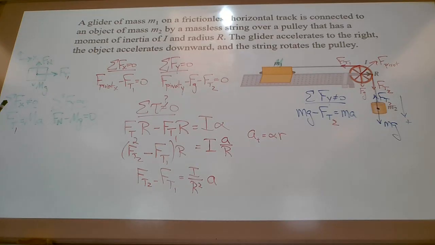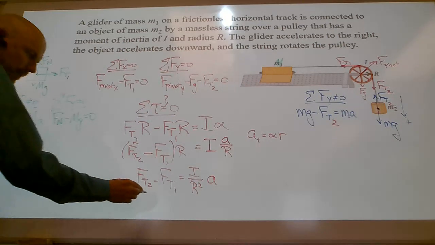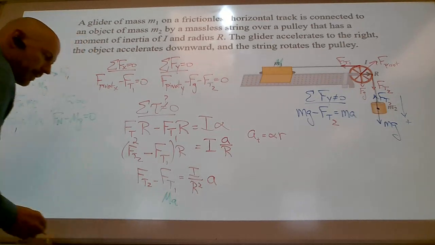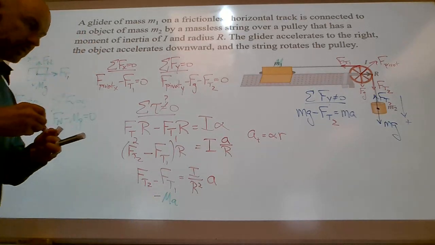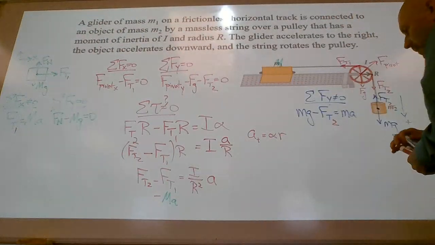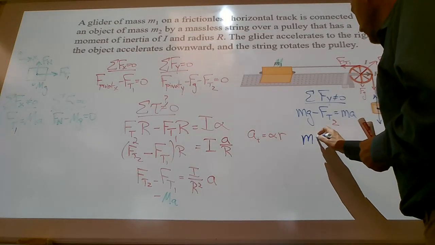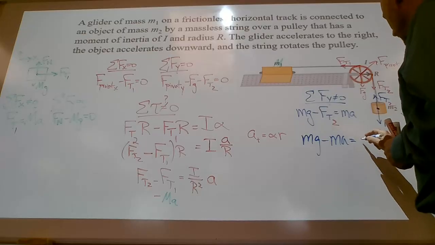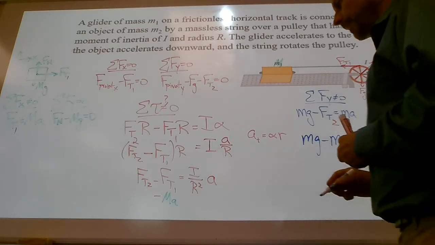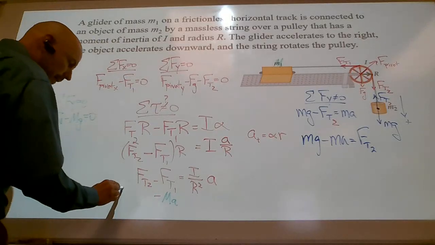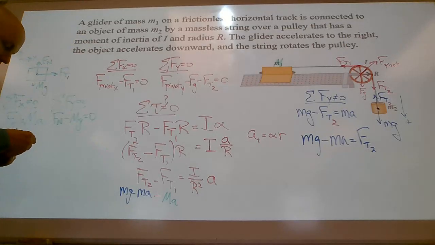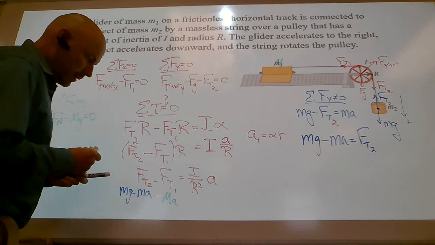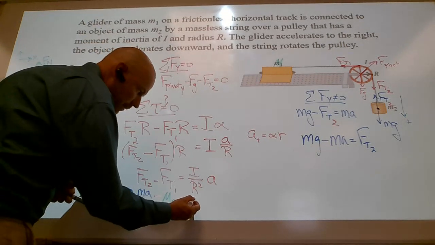And over here, I have an expression for FT1, and that's easy: ma. The expression for force of tension 2 is mg minus ma, and that's a lowercase m. I've got mg minus ma equals I.